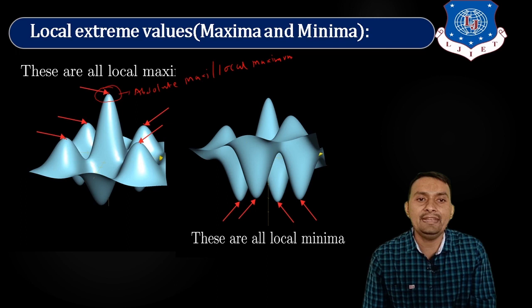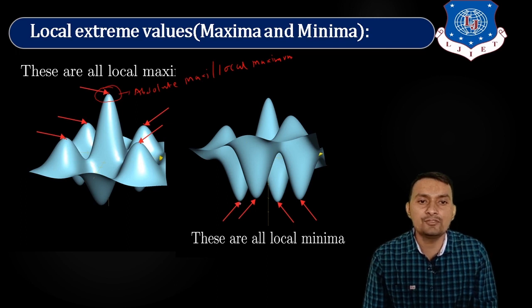When I focus on the lower part, this one is the smallest, and therefore this is the absolute minimum, or global minimum.